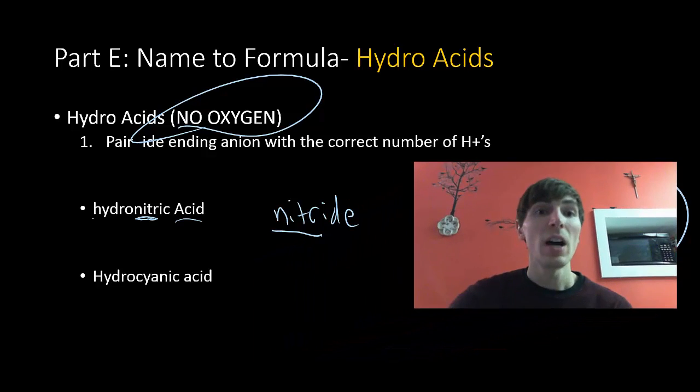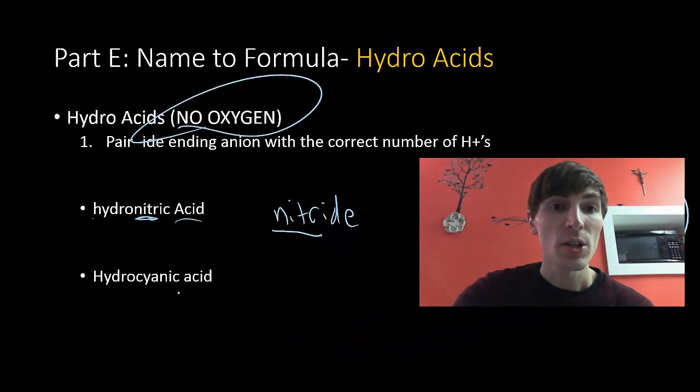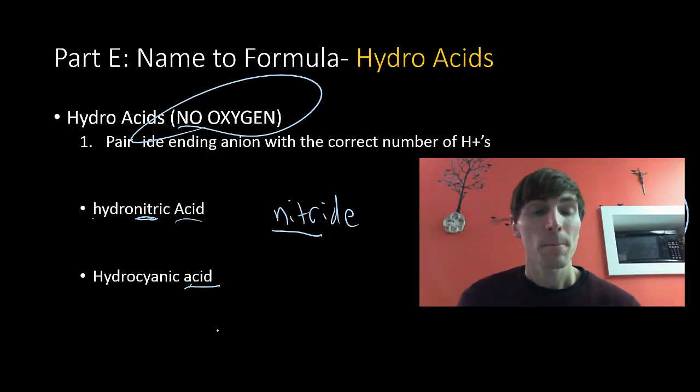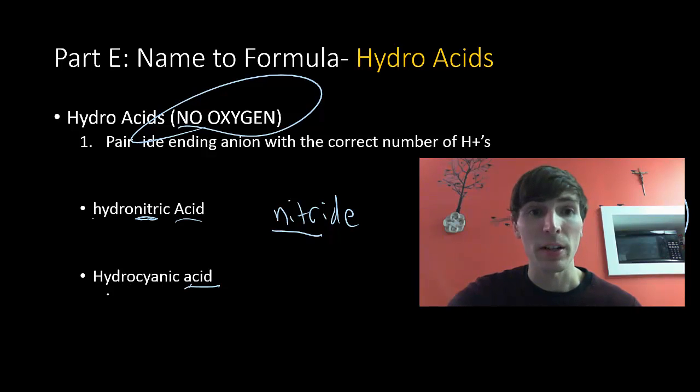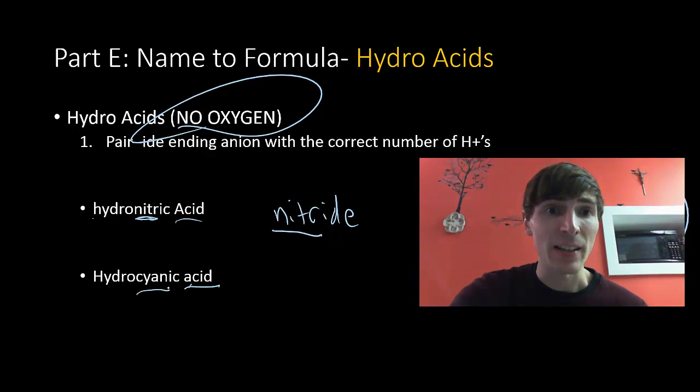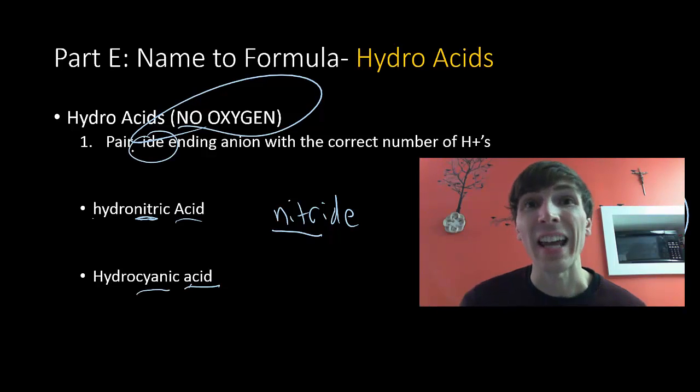Let's do another example: hydrocyanic acid. I know it's an acid, it has the word acid in it, which means H plus is going to be the cation. I see that word hydro, so I know that when I get to the very end, there's no oxygen in here. I'm looking at cyan, so I'm looking for the ide ending anion that starts with cyan.